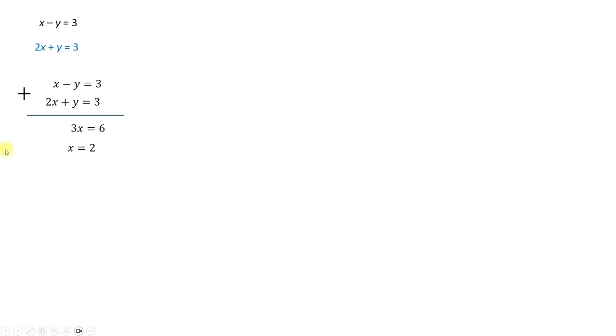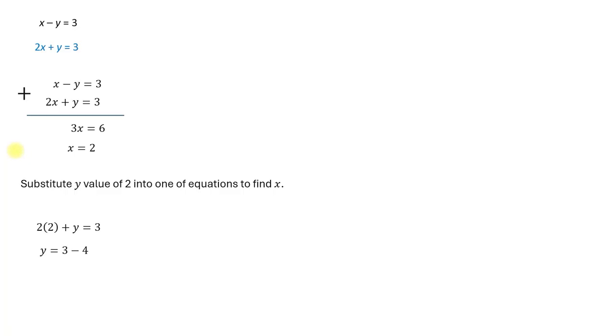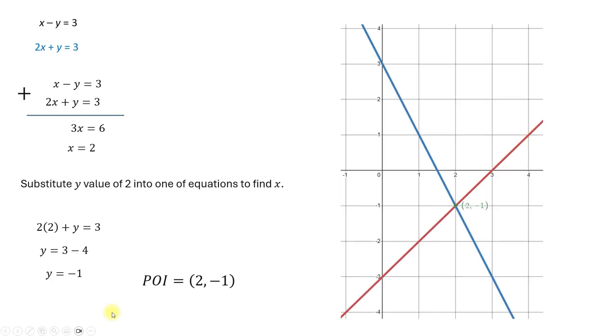Once we have a value for x, we can substitute it back into one of the equations, and that will give us a value for y. So we get a value of negative 1. So our solution, or point of intersection, is 2, negative 1.